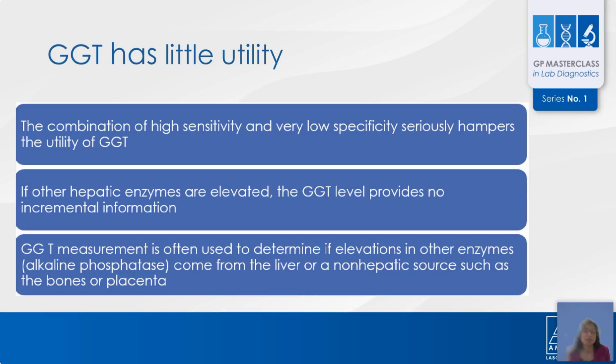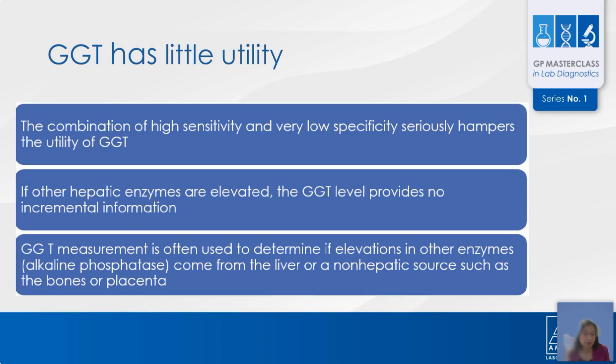If the other hepatic enzymes are elevated, the GGT sometimes provides little or no incremental information. GGT measurement is often used to determine if the elevations in other enzymes, like your alkaline phosphatase, come from the liver or from a non-hepatic source, like the bones or placenta.